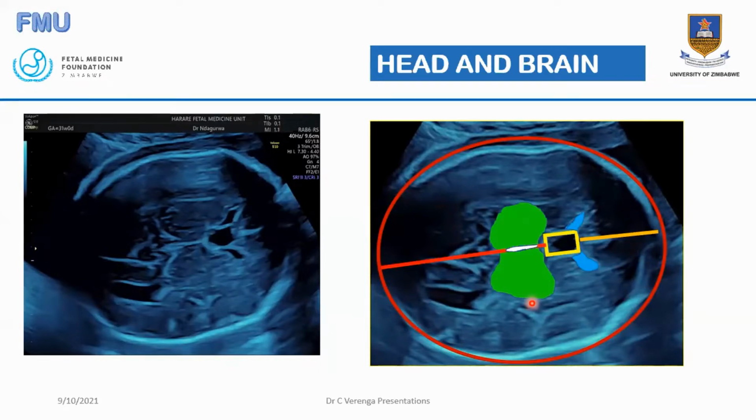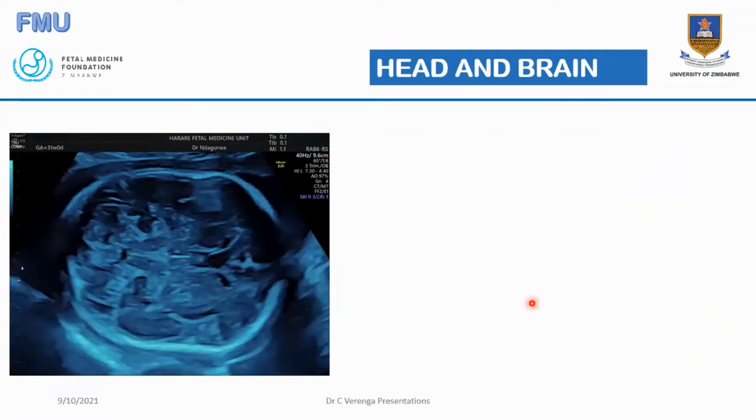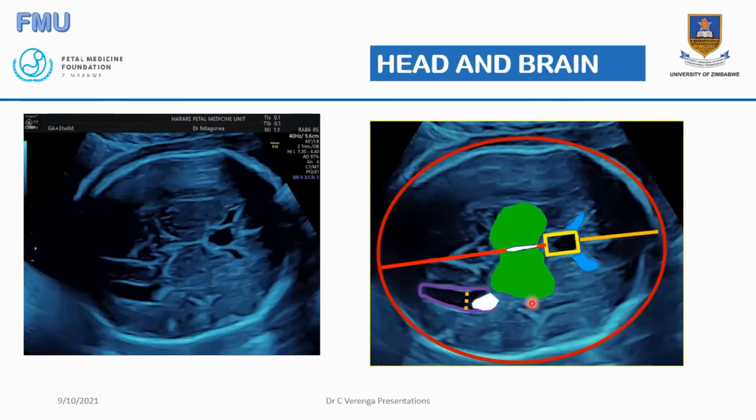Then of course the line should continue at the back, and you should have the posterior horn very clearly visible, and you should see the choroid plexus. And when you measure, it should be less than 10 millimeters. So if you do this kind of assessment on the baby's head, you have ruled out a number of abnormalities that we will discuss as the lecture continues.